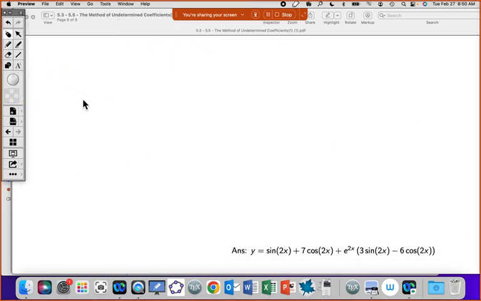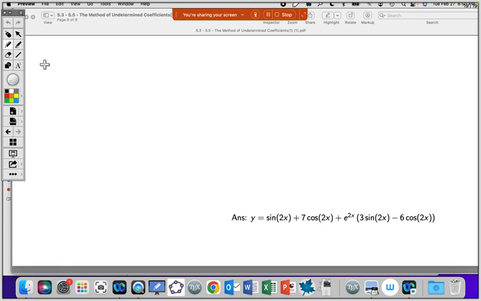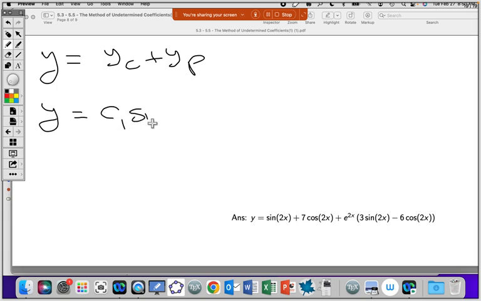All right, so you go through that particular solution and you get the general solution, which would be your yc plus your yp. The yc would be c1, we put the cosine first, didn't we? Cosine 2x plus c2 sine of 2x.